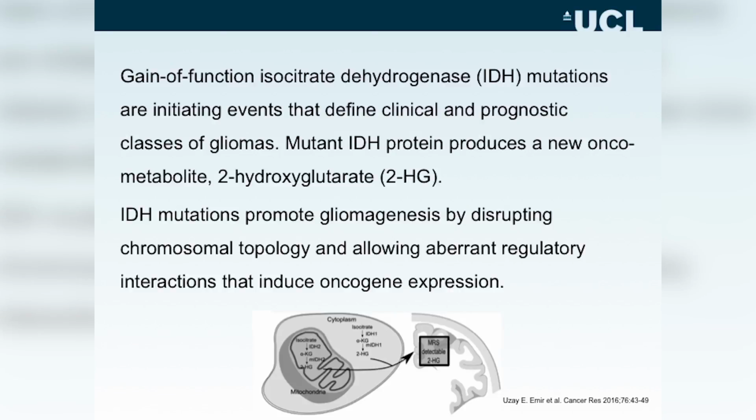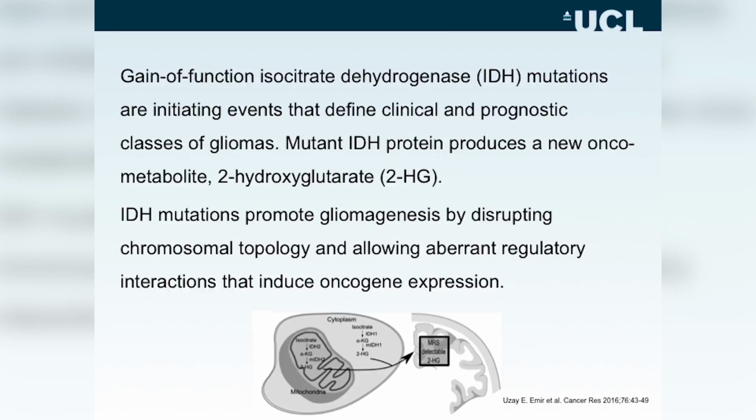Gliomas consist of a very heterogeneous tumor group, and there are several underlying pathological mechanisms that influence the survival rates of the patient. One of these mechanisms with major prognostic and diagnostic consequences is the mutation of the IDH, which stands for isocitrate dehydrogenase.